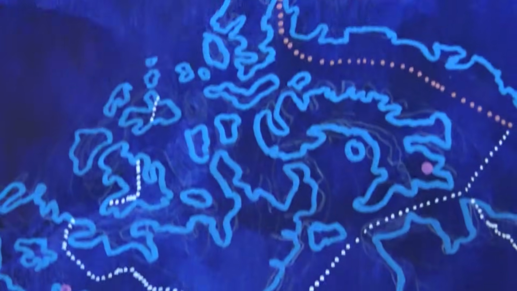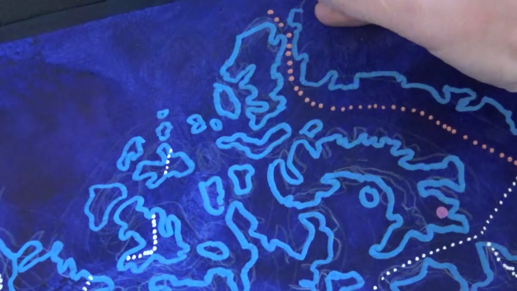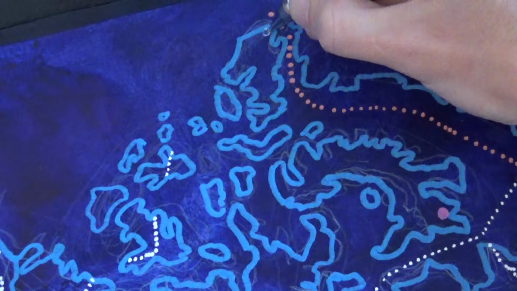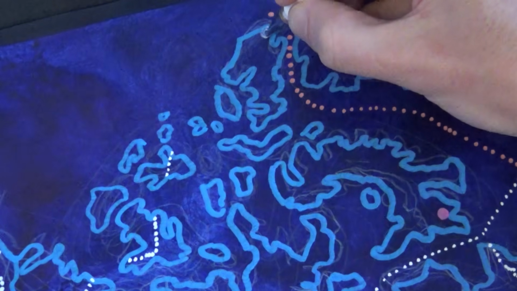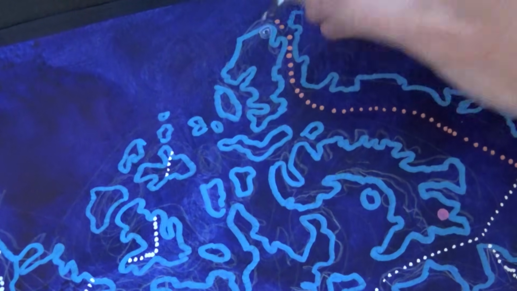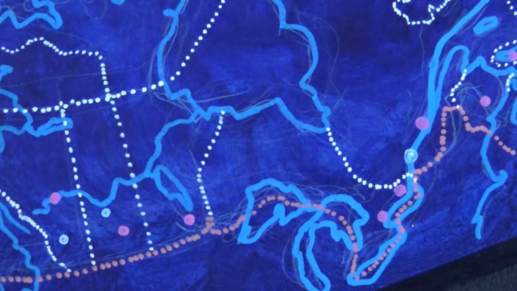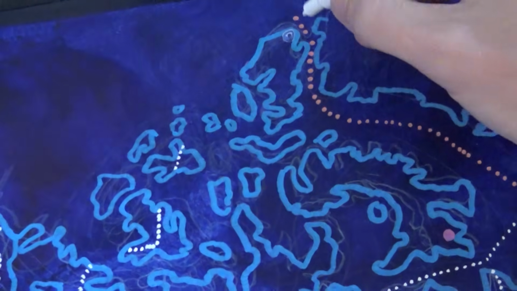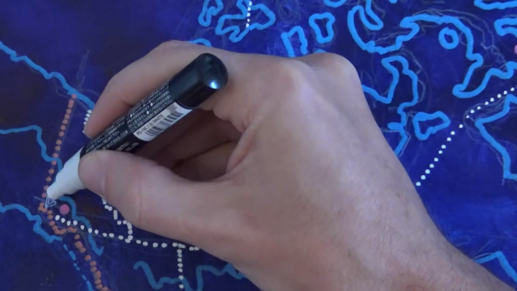And yeah, I would like to include the northernmost inhabited place on Earth. It's here on the northern tip of Ellesmere Island, called Alert. I'll try to use this white marker instead. For Mount Logan as well.